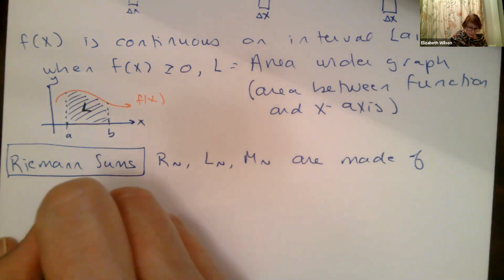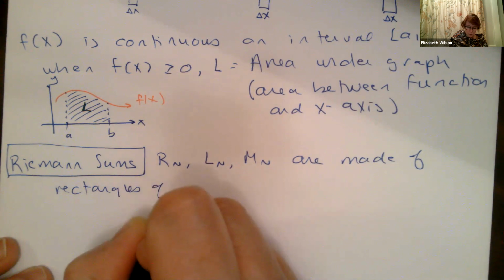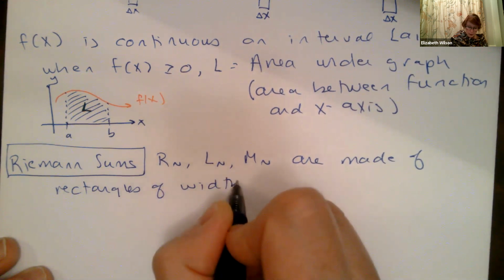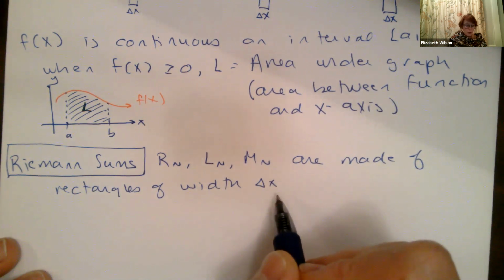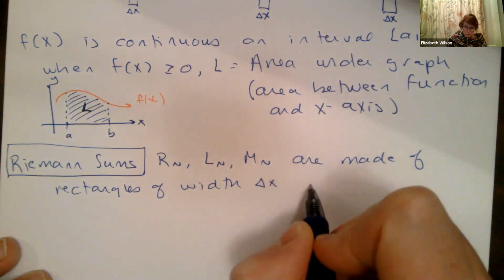rectangles of constant width, delta x, right? Which, remember, we factor out. We say delta x times the sum of all the heights, right? But that's basically saying base times height plus base times height. But the base has the same width, so it's a constant width.